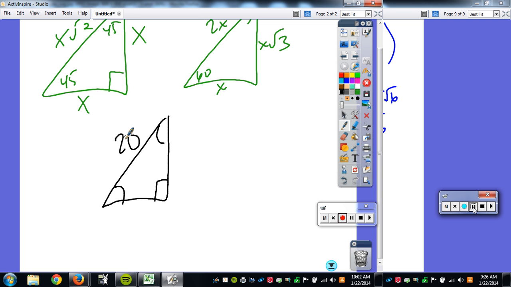It equals the x root 2, huh? He's the hypotenuse. So therefore he equals the x root 2, doesn't he? Well, if I solve for x, I know what the sides are, because x are the sides, aren't they? So if I solve for x, I can find out the sides. So how do I solve for x?